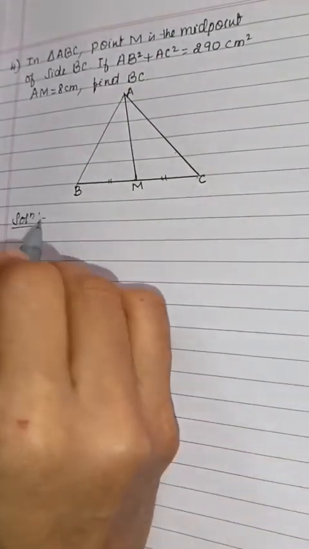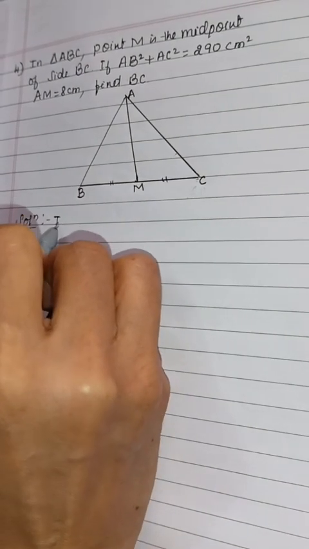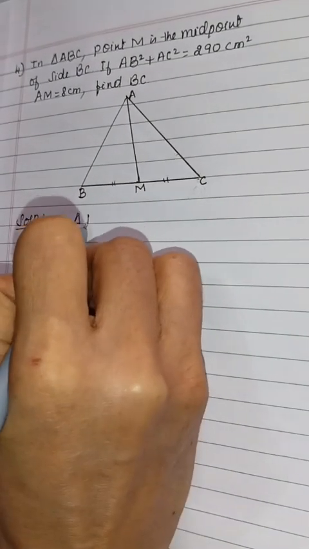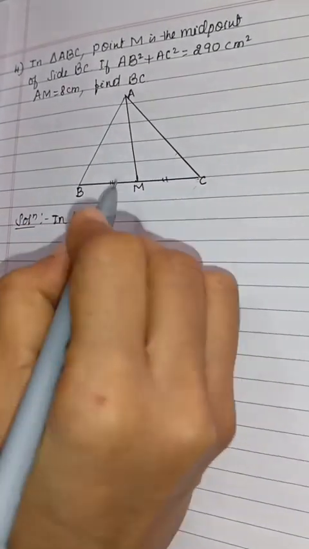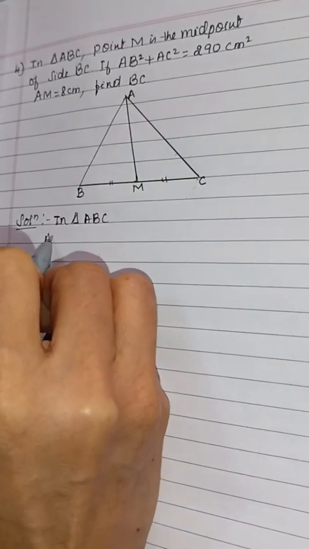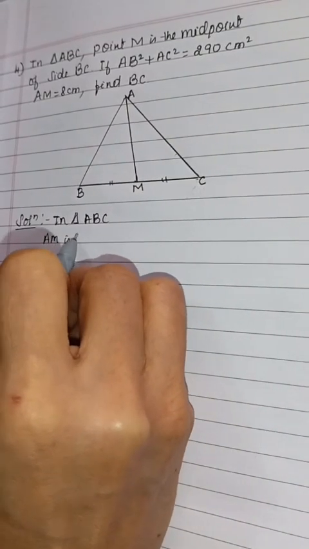Okay, so we'll write here, in triangle ABC, AM is the median.